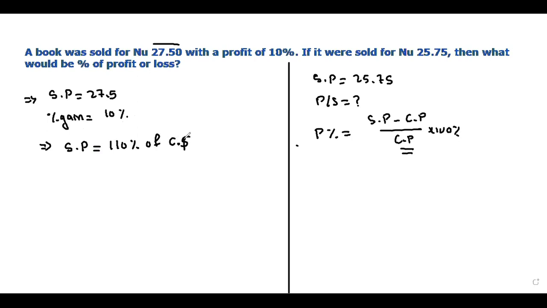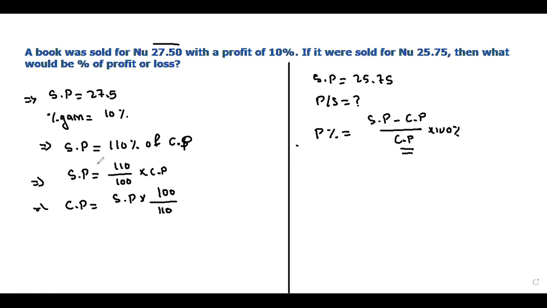Now, selling price is given. We need to find the cost price, right? So SP is equal to 110 divided by 100 times cost price. You just take this to the other side. Cost price will be SP times 100 divided by 110.